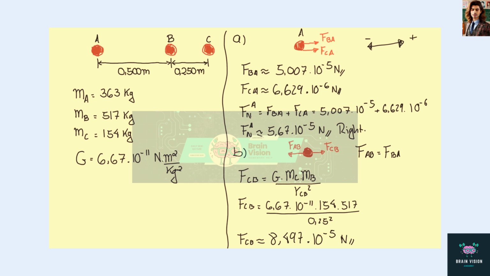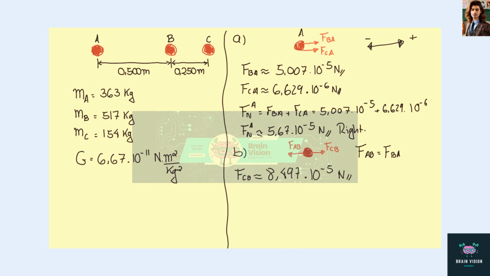Now let me organize the board before finishing this item. Okay, so the net force that acts on particle B is equal to FCB, that is pointing to the right, minus FAB, that is pointing to the left.